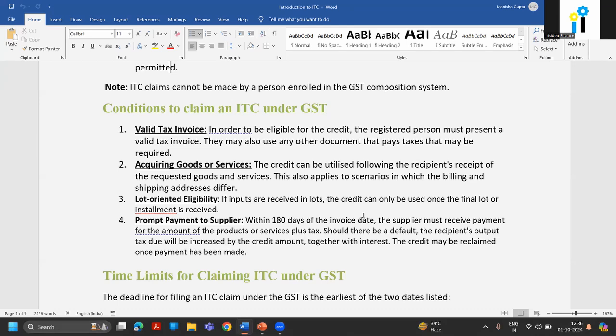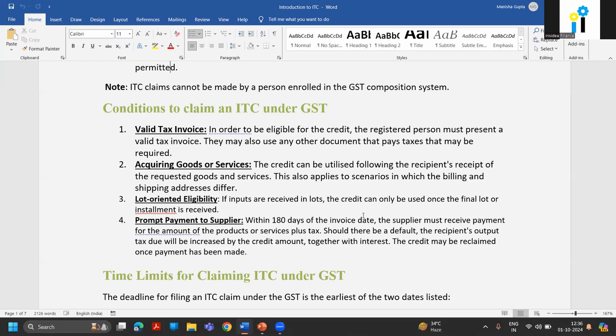In this way you are getting the lots. So once you get your final lot, meaning the last 5,000, the total amount will be 10,000. Then when the 10,000 is completed, at that time you are eligible for ITC claim.